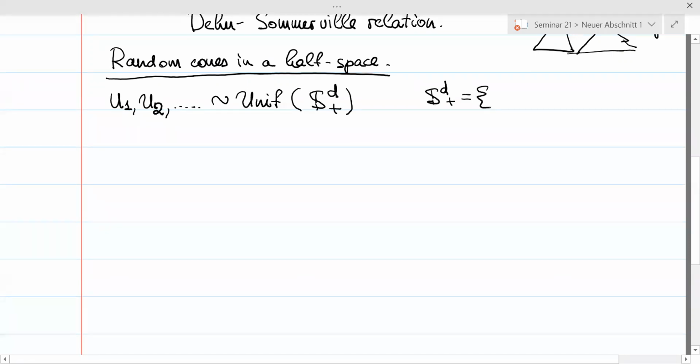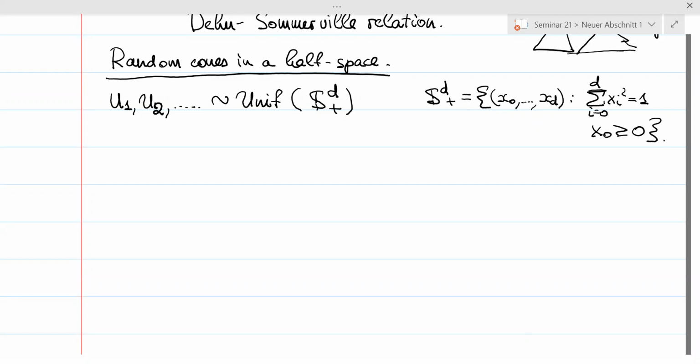It is the set of all vectors (x_0, ..., x_d), so it lives in the d plus 1 dimensional space, such that the sum of the squared coordinates is 1. So it's just a sphere. And the first coordinate x_0 is greater than 0. This is called a half sphere. And I take on this half sphere just uniform random points.